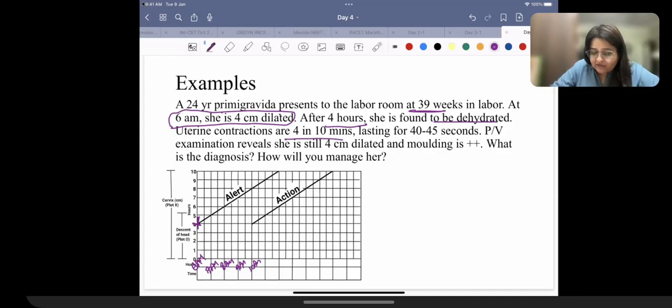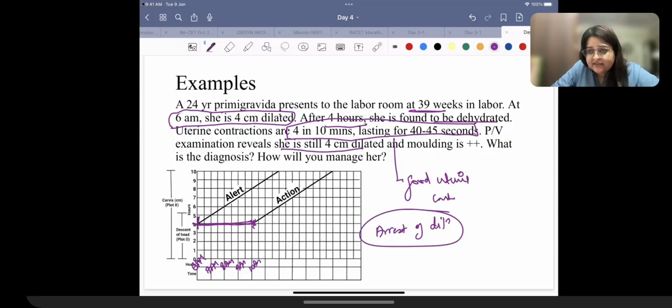Uterine contractions are 4 in 10 minutes lasting for 40 to 45 seconds. That means she's getting good uterine contractions, but she's dehydrated. PV reveals she is still 4 centimeters. So if I plot now, I'm plotting like this. What has happened? Dilatation hasn't happened. This is arrest of dilatation. There is no dilatation. It has arrested.